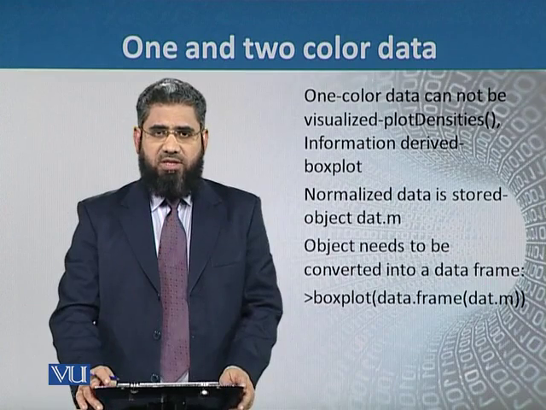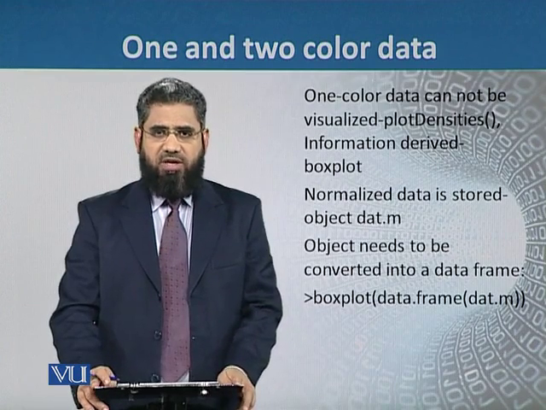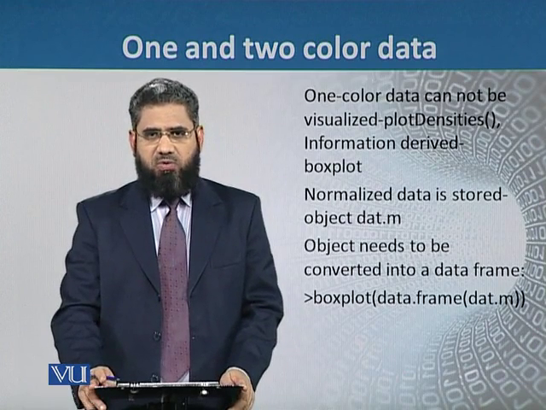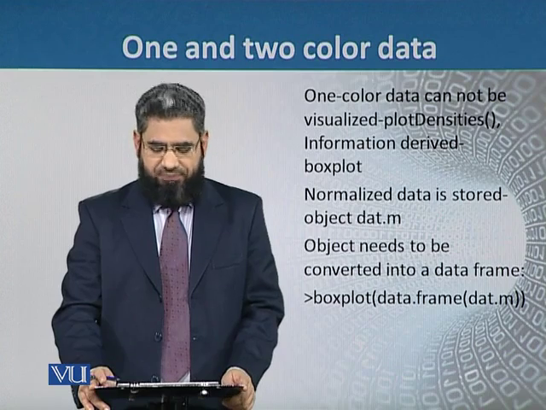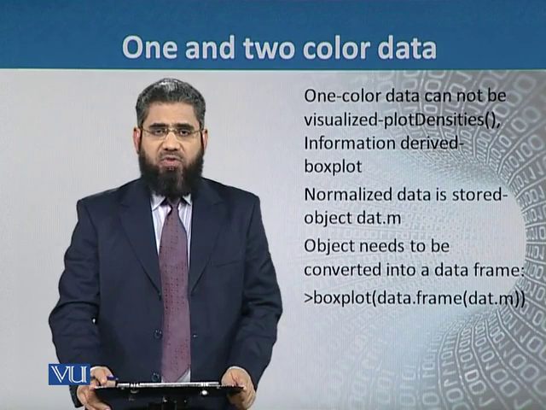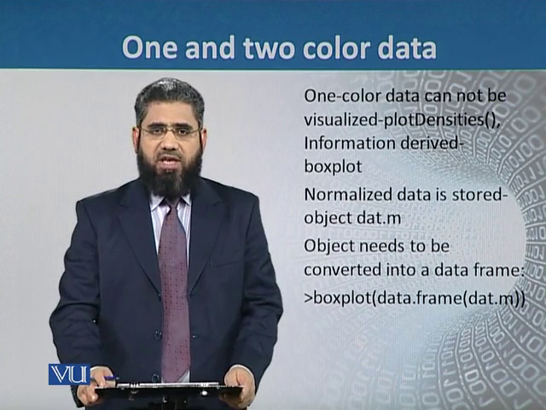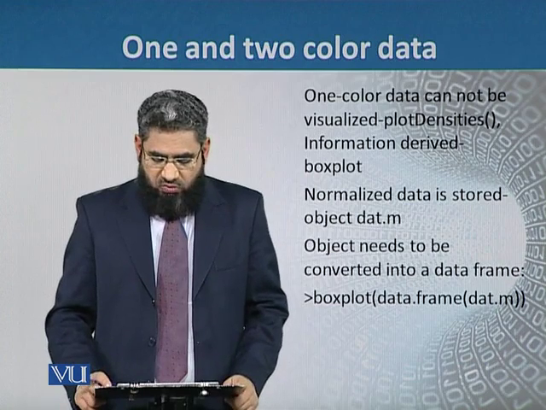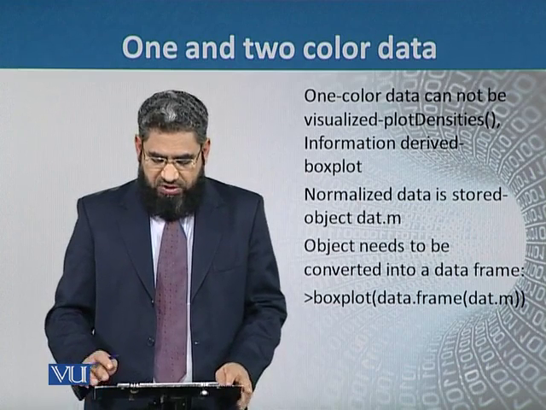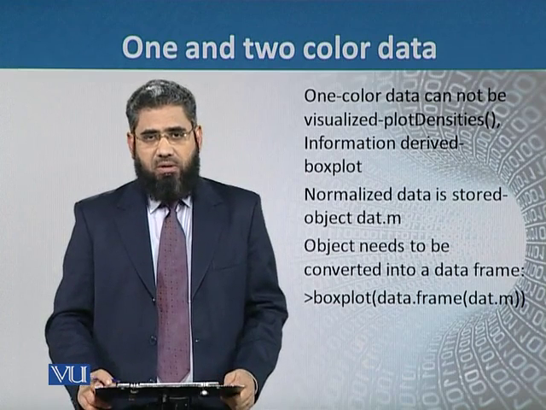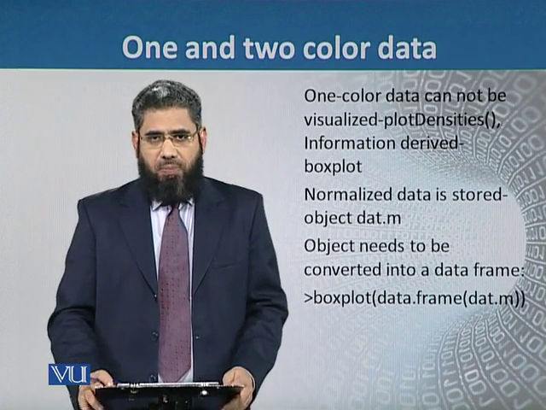In order to check the quality of one color Agilent data, we have to use some different tools as compared to the two color Agilent data. For one color data, we cannot visualize the data as in the case of two color data, so we use other types of tools.